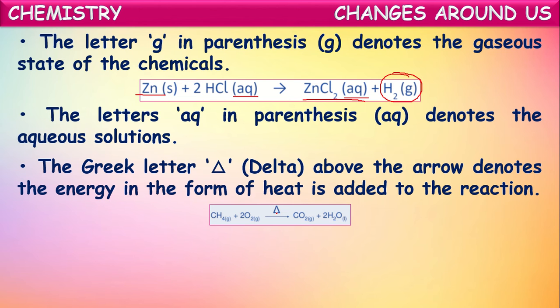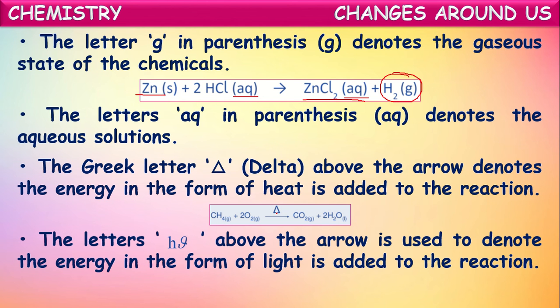If heat energy is utilized in a reaction to form products, then a symbol delta is represented on the arrow mark to indicate that heat energy is added. In the same way, the letters H nu above the arrow mark are used to denote that energy in the form of light is added to the reaction.